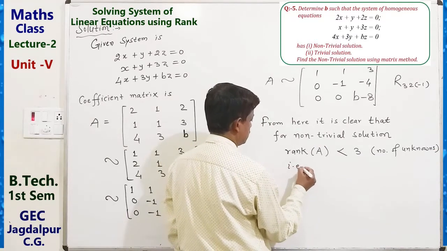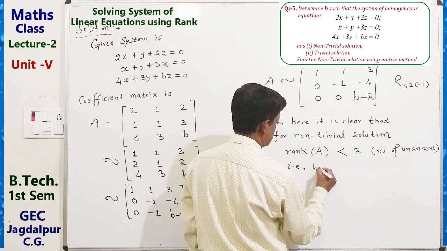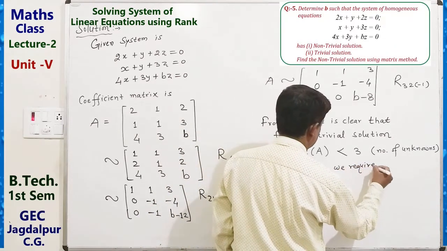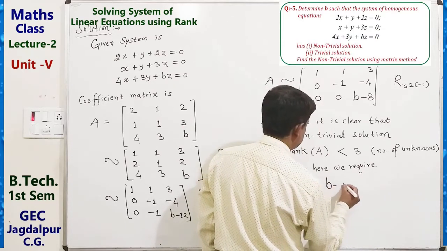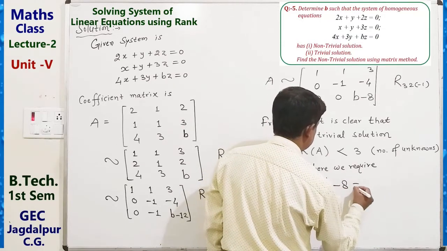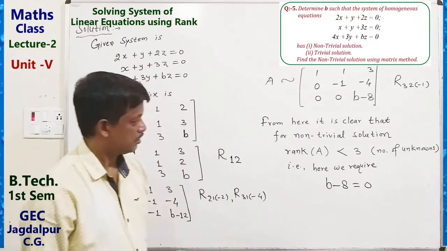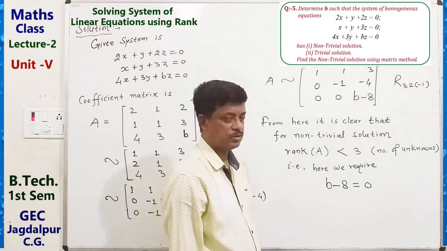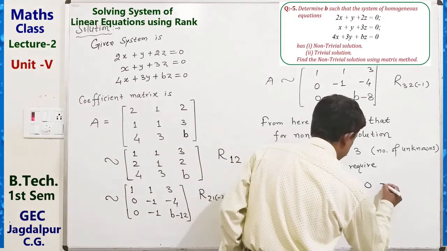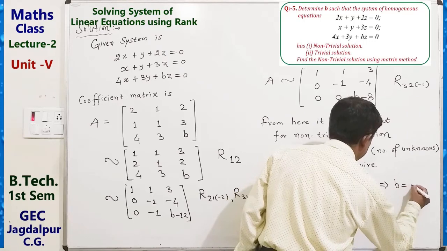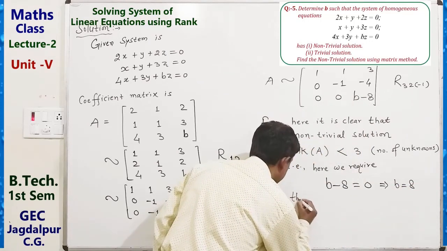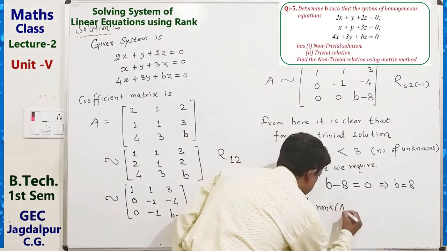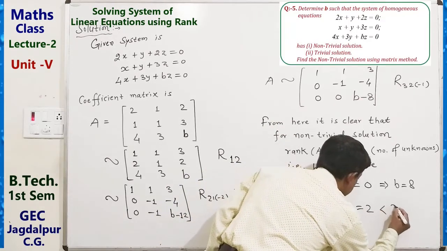That is, here we require B minus 8 equals to 0. That is B minus 8 equals to 0, which implies B equals to 8. Then rank of A is equal to 2, which is less than 3.